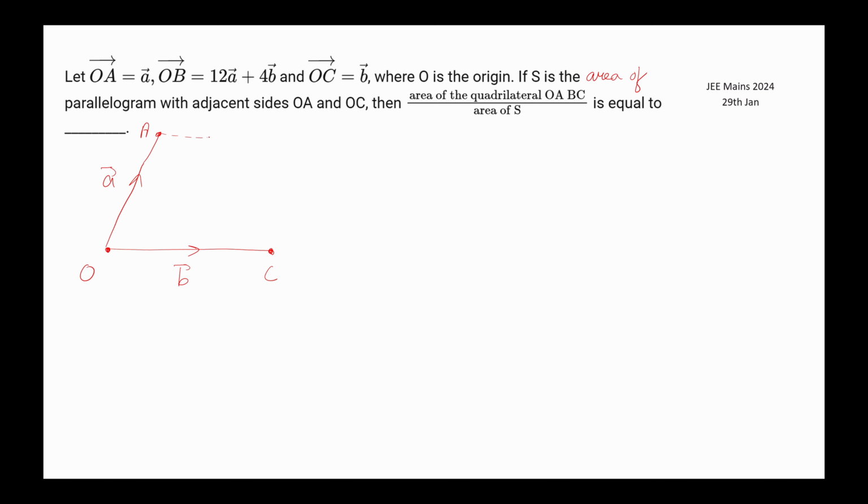Now let me draw this in a better way. Let's say this point here is my D. Now this basically forms a parallelogram, OADC. So OADC, this is my parallelogram.